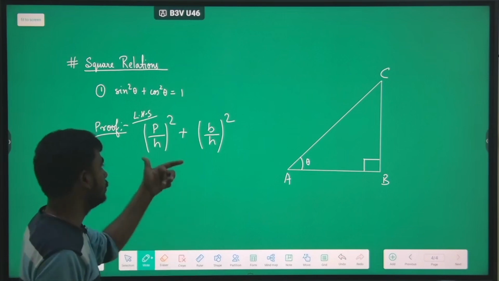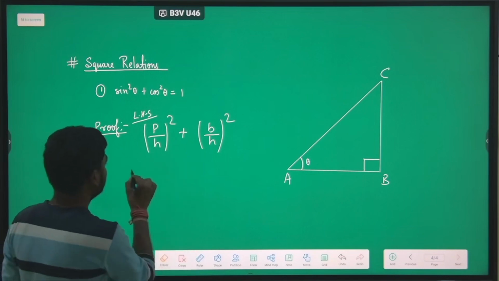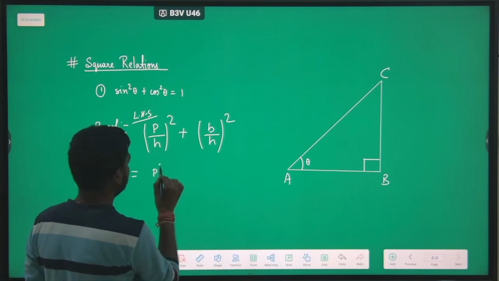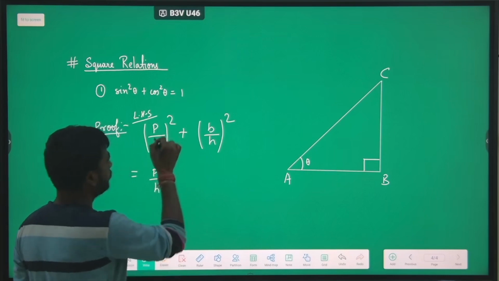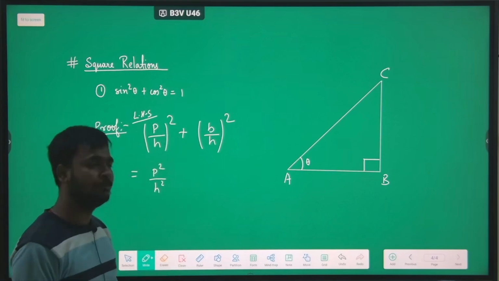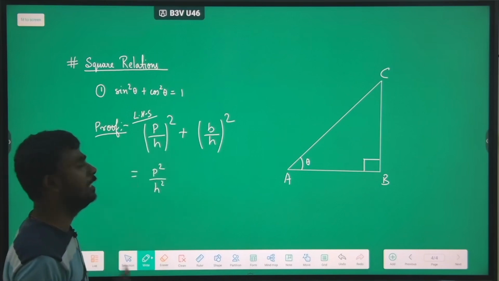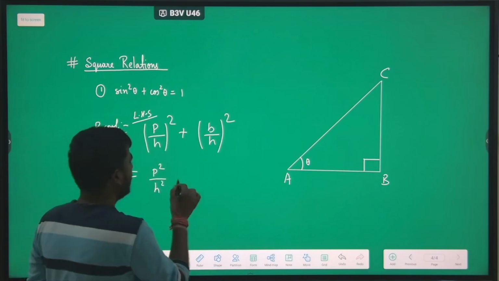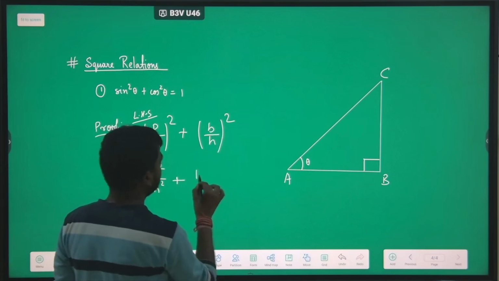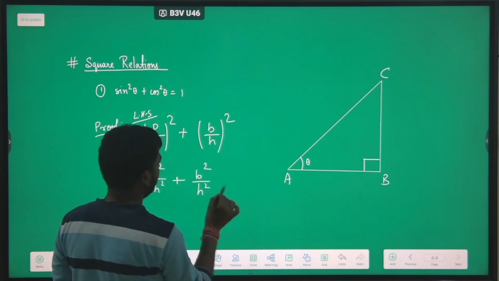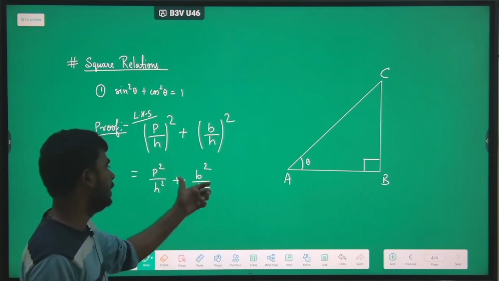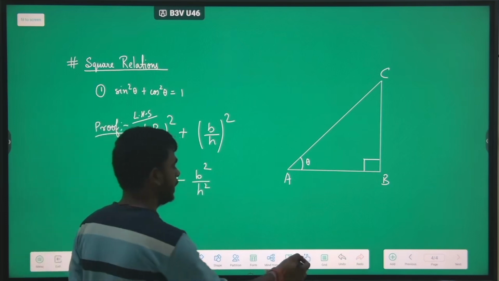It can be written as P square upon H square, because we know that (a by b) to the power m is equal to a to the power m divided by b to the power m, plus B square upon H square.